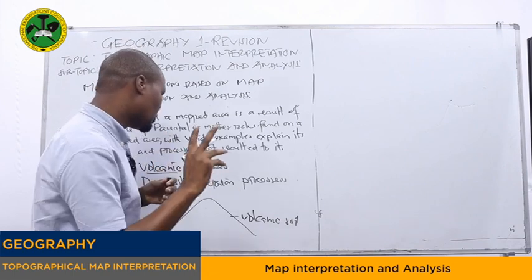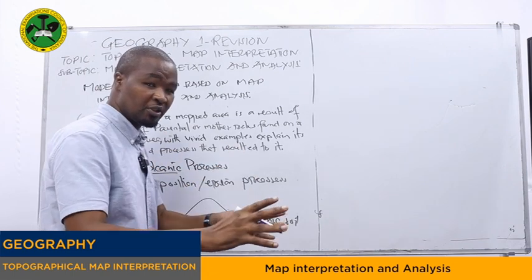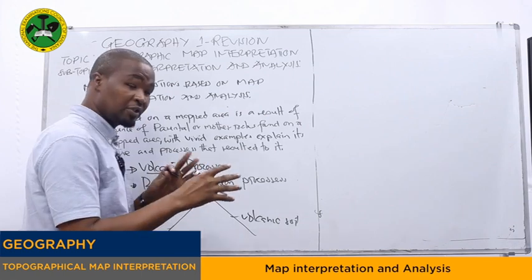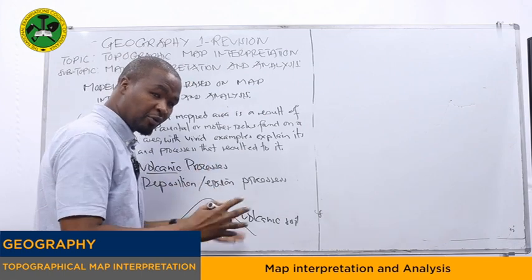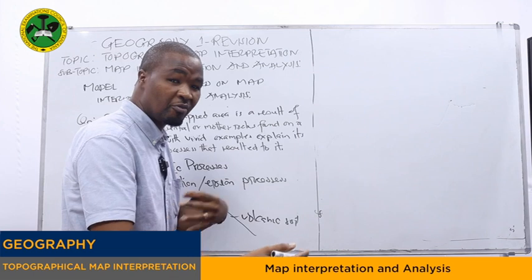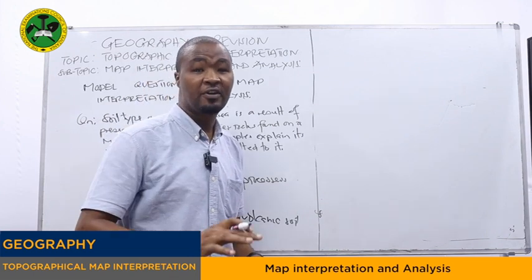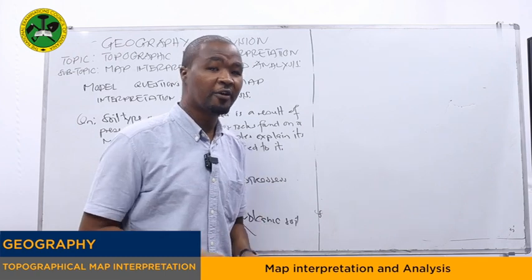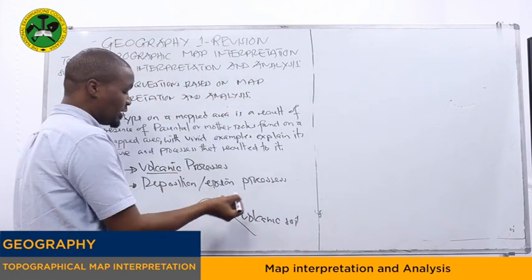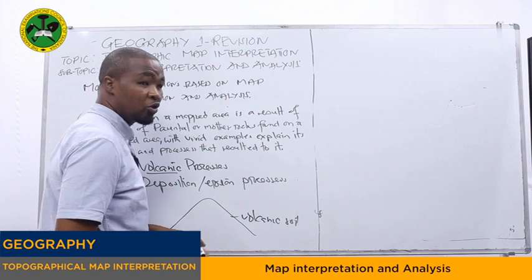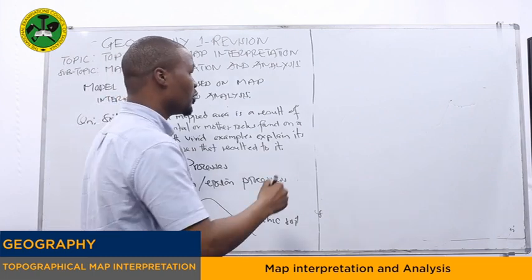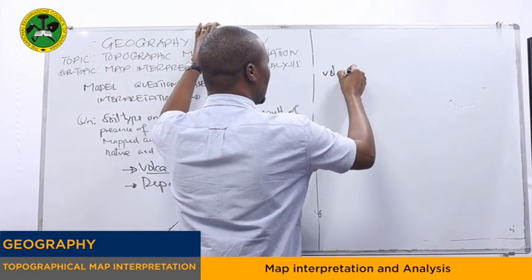That's why we say there are two types of soil depending on the process. The process may be either deposition or the erosion process. Either deposition or erosion may result in the formation of what we call alluvial soil, or deposition soil, depending on the type of material carried to that point. But also, as I said previously, we have what we call volcanic soil.